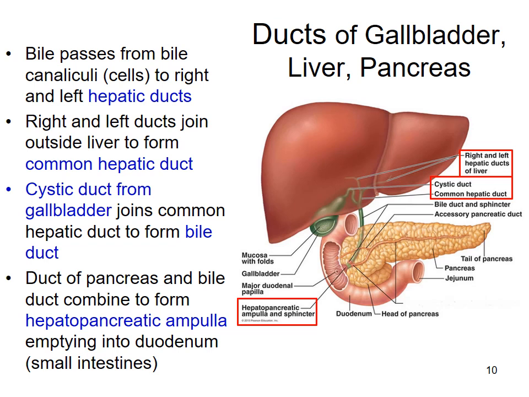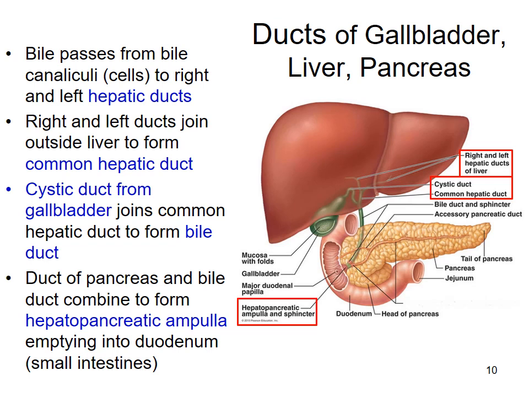You can see right there on your right-hand side in your first red box, you have the right and left hepatic ducts of the liver. And what we see happening is that within the liver itself, the individual cells, the hepatocytes, will be producing the bile, and they'll start secreting it, and it will be collected into the right and left hepatic ducts.